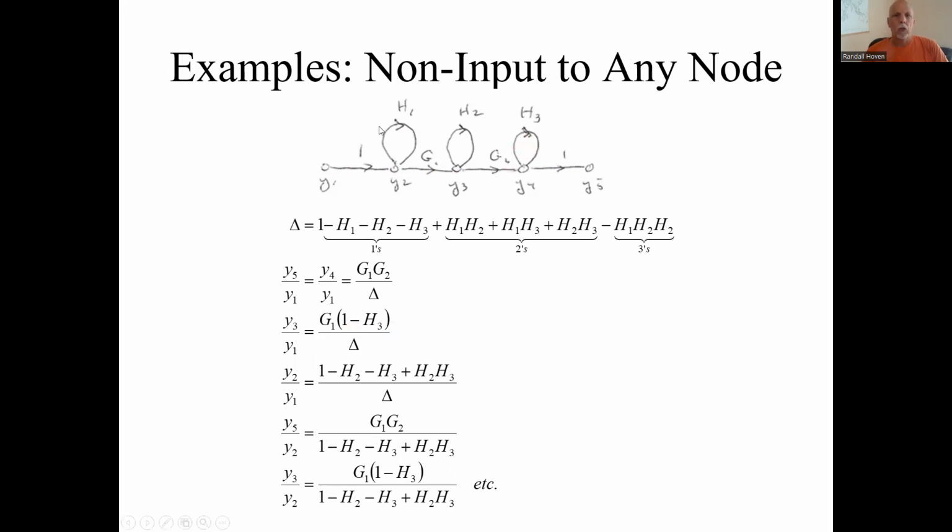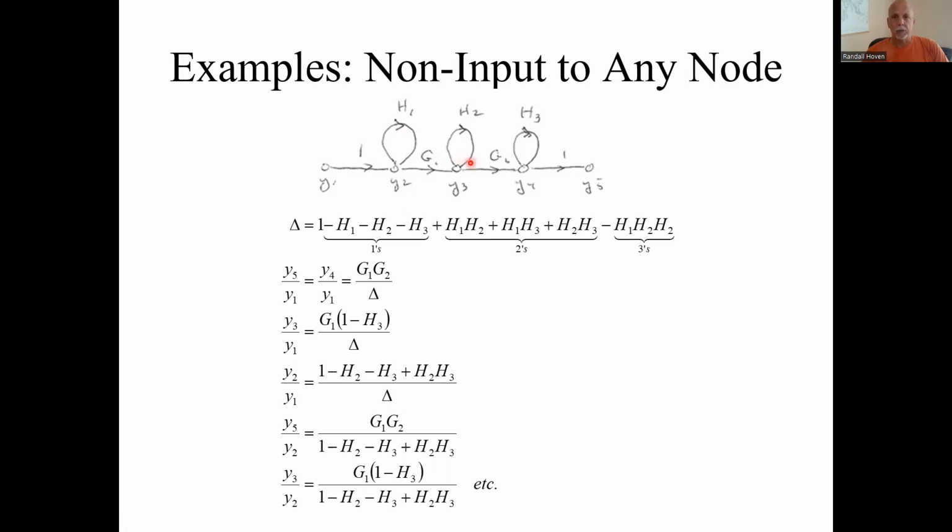If I only went from Y1 to Y2, that path does not touch either of these 2 loops. So the gain by itself is just 1. Still the same overall determinant because I'm still starting from the input.